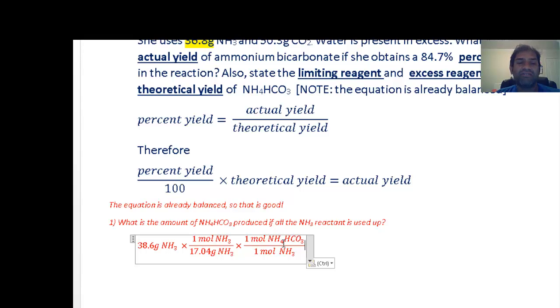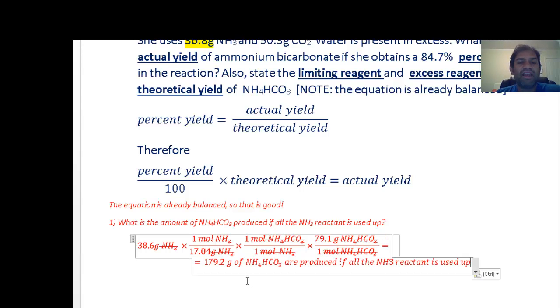Let's convert these moles of NH4HCO3 to grams, utilizing the molecular weight. Using the periodic table, I am getting that 1 mole of ammonium bicarbonate has about 79.1 grams. Yours can vary slightly here and there. Again, the moles of ammonium bicarbonate cancel with the moles of ammonium bicarbonate.